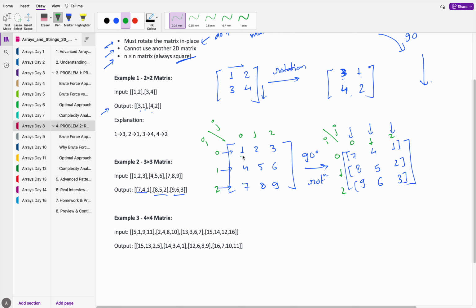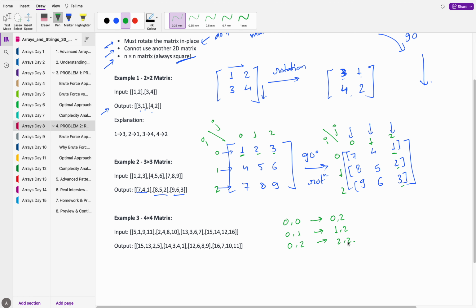Now look at this. Before rotation, 1 was at 0 0. After rotation, 1 is at 0 2. Where is 2? 0 1 is at 1 2. 3 is at 0 2; where did it go after rotation? 2 2.